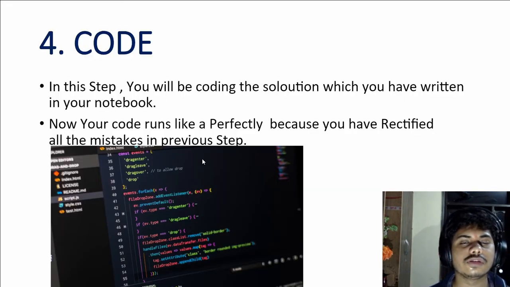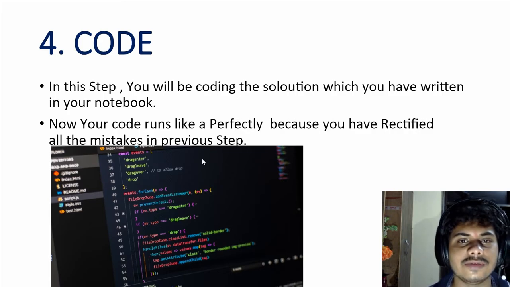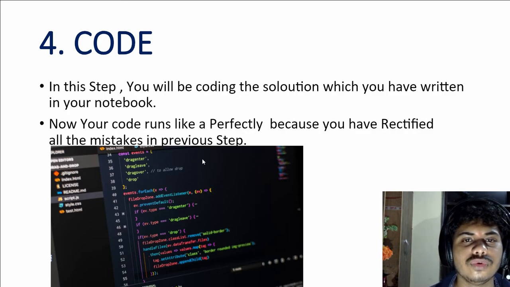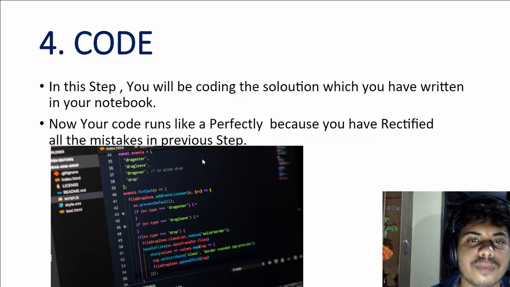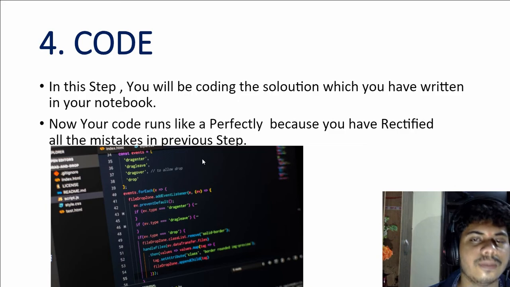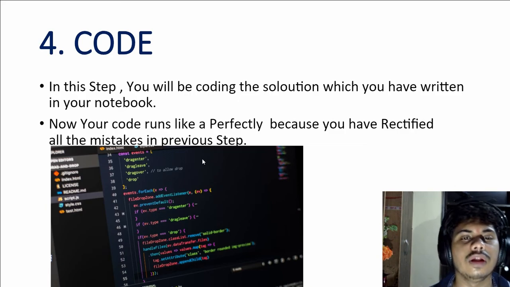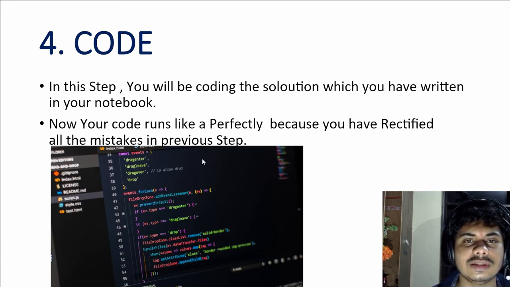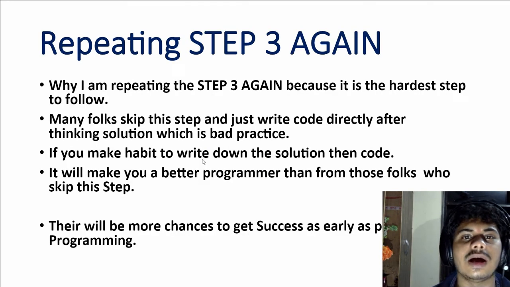So first you have to analyze, then think of the problem, think of the solution, think of the approach. After that, you have to write it down in your notebook, then you have to code. If you miss the third step, which is the hardest step of all, many folks miss it.